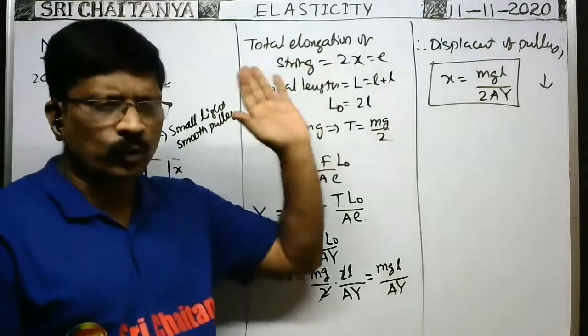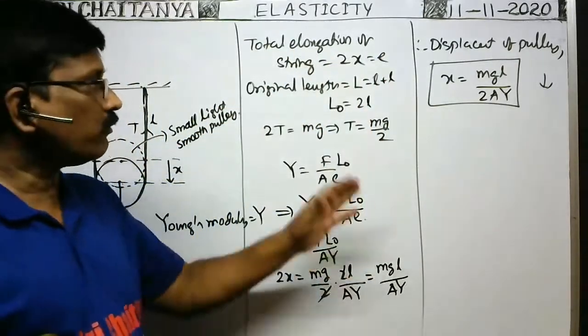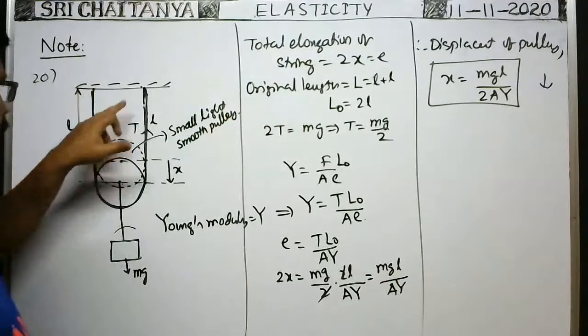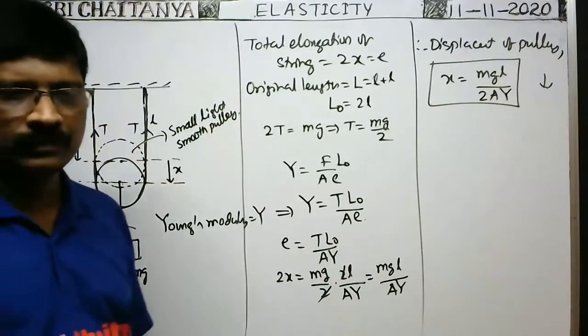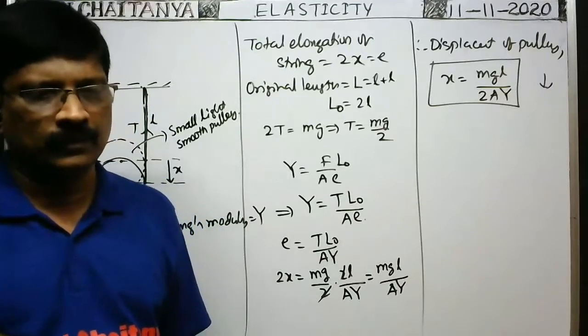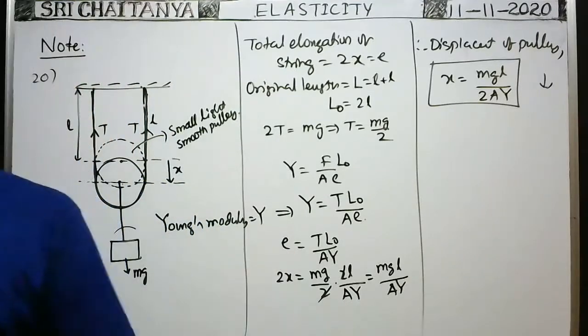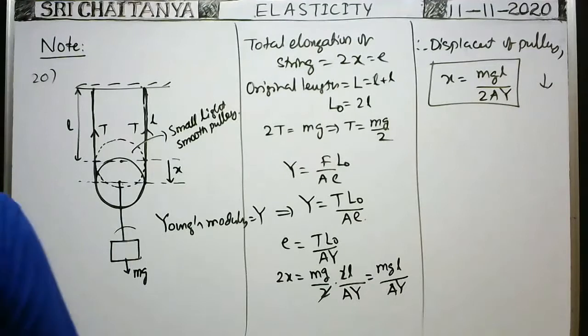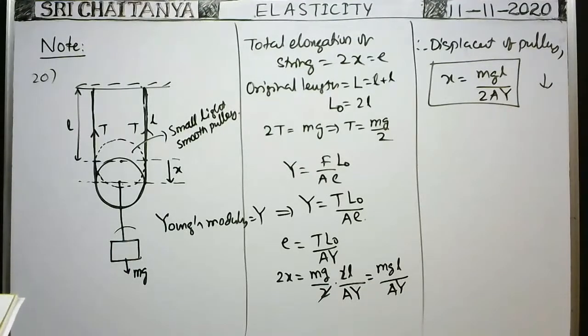That is the elongation of the total wire. The total wire of length L naught is equal to L plus L. This length can be ignored. Okay, Kailash. Right. Note down. So mg L by 2AY is the answer.